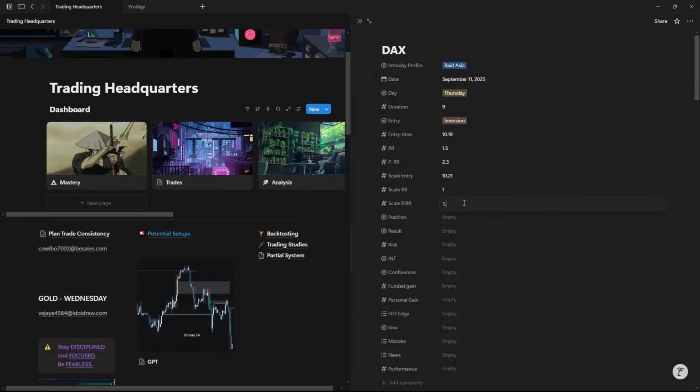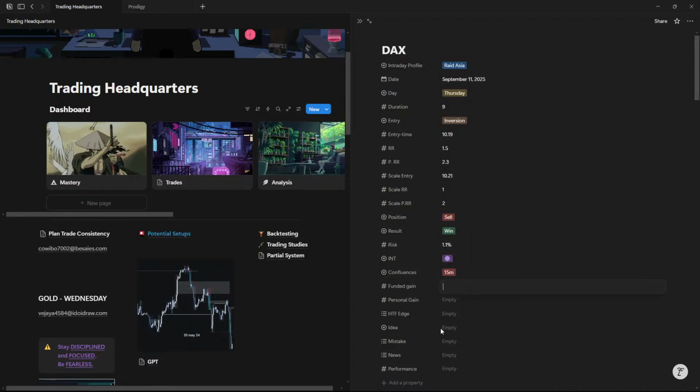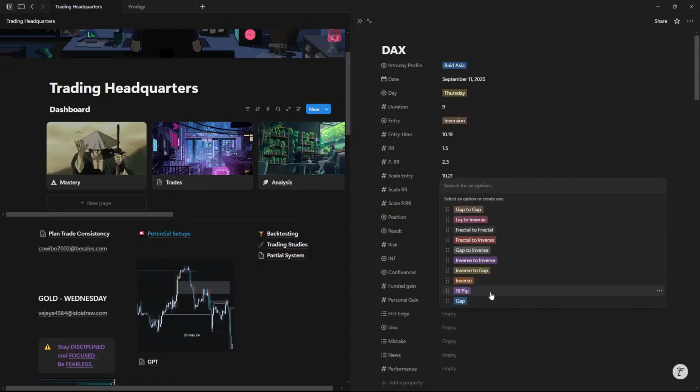Position, oh, 2, my bad. Position sell, result win, risk 1.1 or so. Yeah, this was good intuitively. We didn't have that hourly, so we only had the 50-minute inversion. Funded gain, I think like 1.8. Personal none, we didn't take it on the personal.